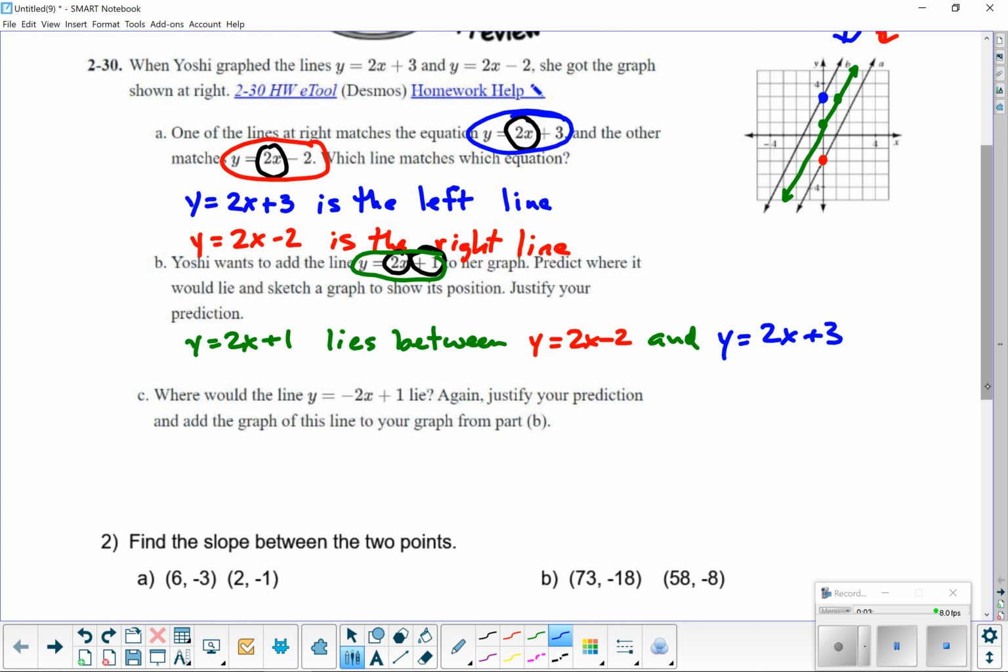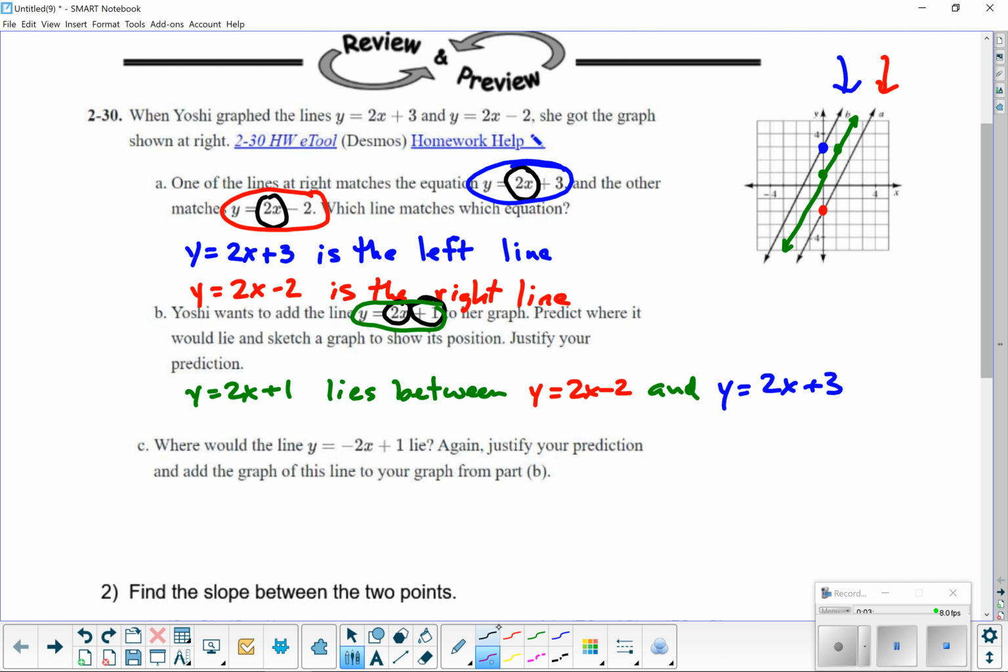Alright, part C. Where will the line y equals negative 2x plus 1 lie? Again, justify your prediction and add the graph of the line to your graph from part B. I'll put that one in purple. It's going to start at 1, the same place as the green one, but it is going to go down 2 and over 1, so it's going to look like it's going the opposite way.